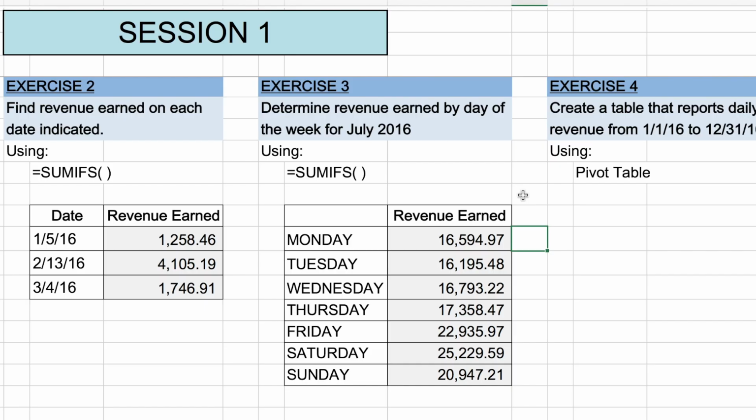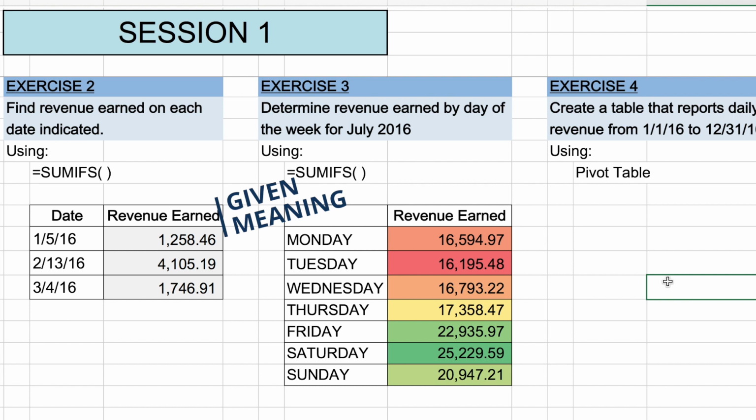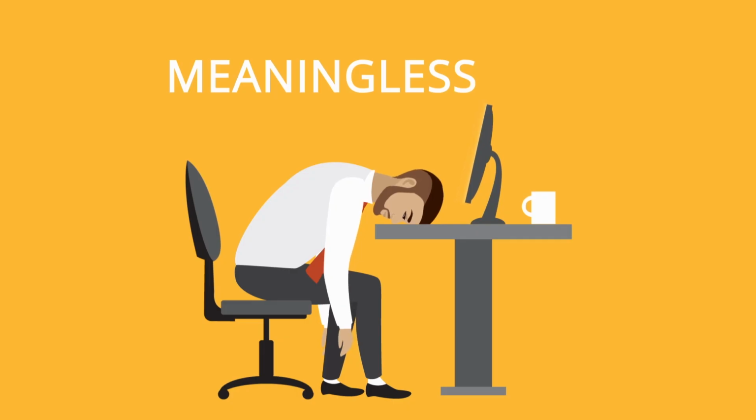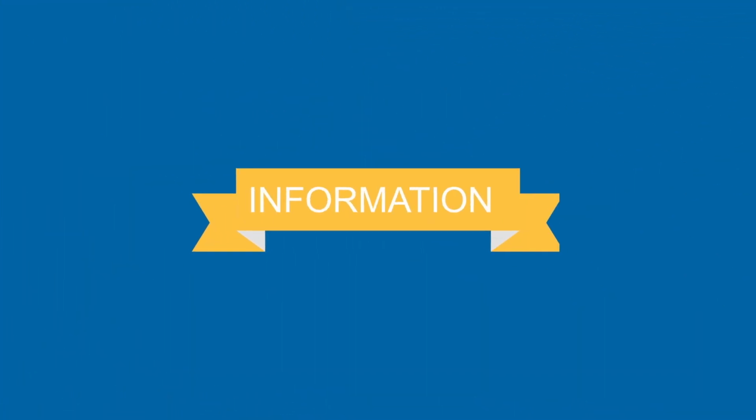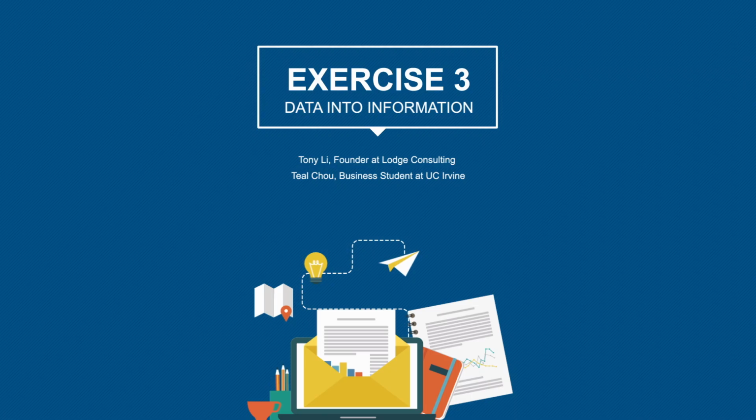By contextualizing it and mapping out revenue earned by day of the week, we have now given meaning to this data. Now, this is still very surface level, obviously, but I just want you to see the difference between data and information. Data, again, is just facts. It's just records of events. Information is something that has a lot more meaning and it's a lot more useful.